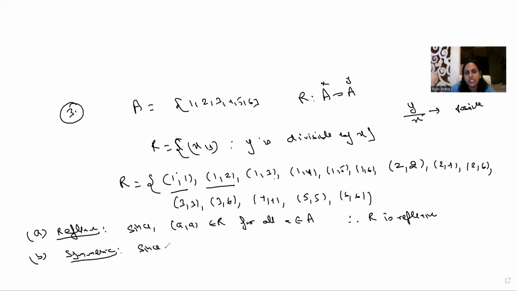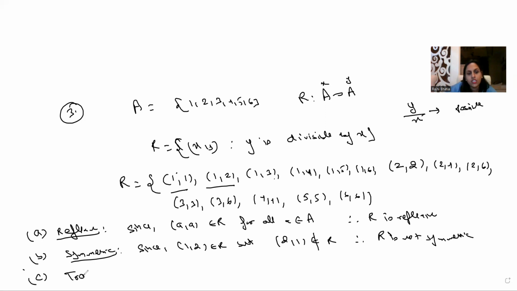So we will write since 1 2 belongs to R but 2 1 does not belong to R, therefore the relation R is not symmetric.